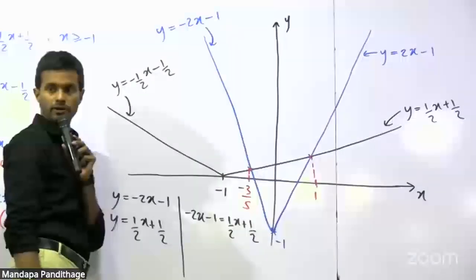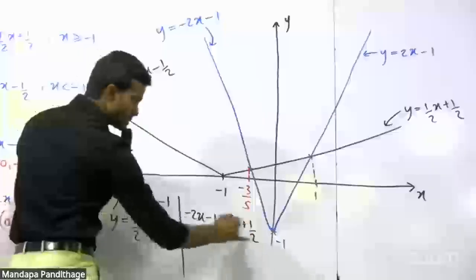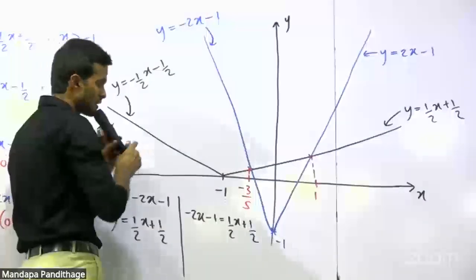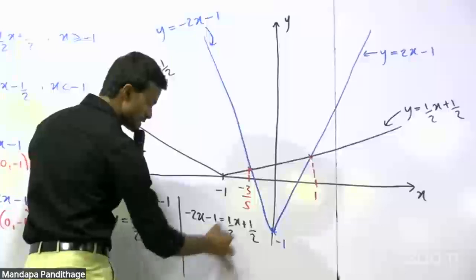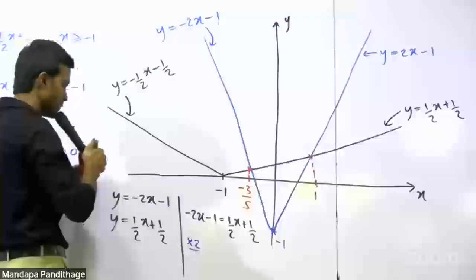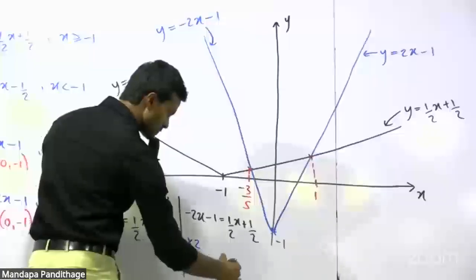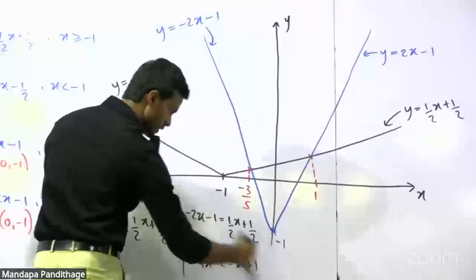You can multiply by 2. I admit you can take this minus 1 here and half here, but the reason that troubles you here is this divided by 2. So when you multiply by 2, you get minus 4x minus 2 is equal to x plus 1.